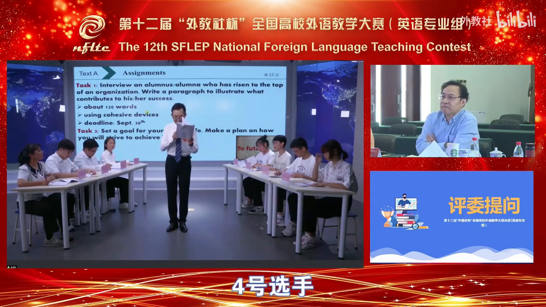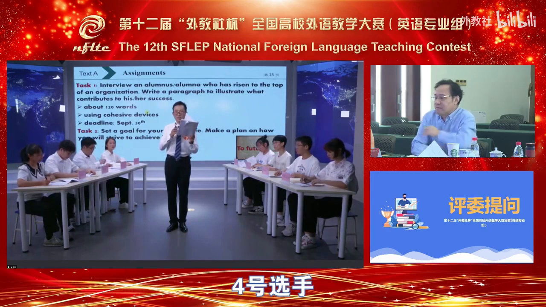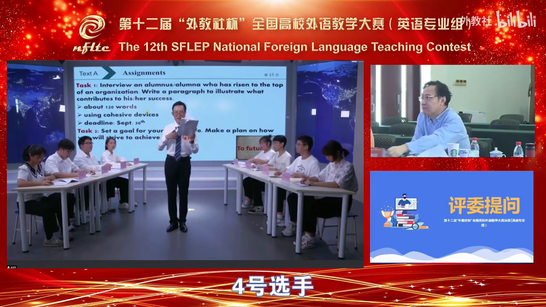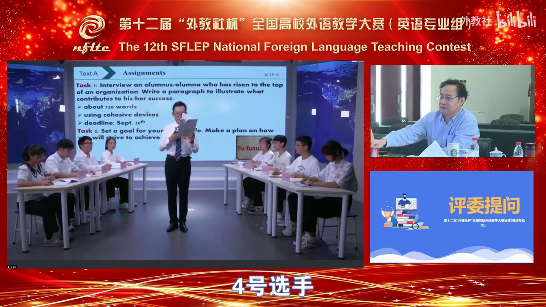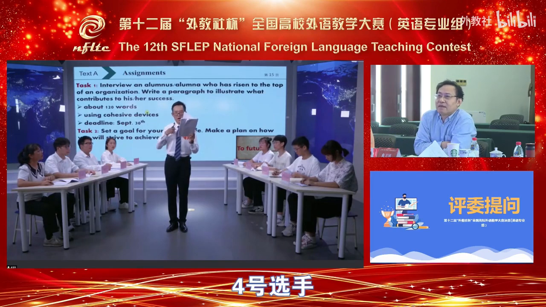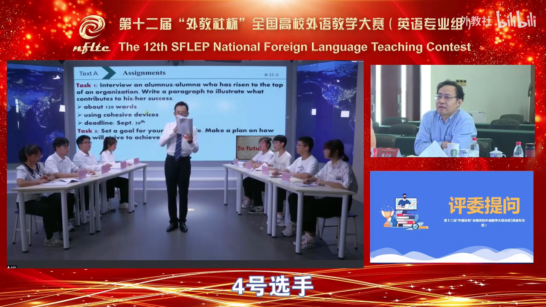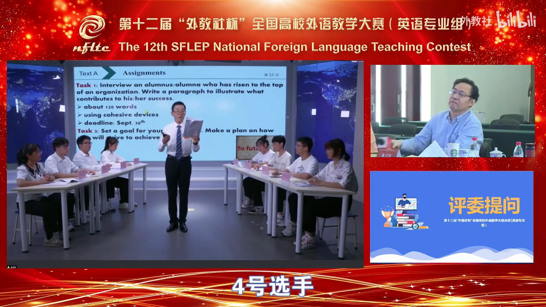Well, thank you, Professor. Actually, that point is what motivated me to design the teaching. When I first read it, I also found that it seems contradictory between the first and the last paragraph. So just now I asked the students to contrast these two parts. The first paragraph is from the spectator's perspective. They think the successful CEO, Mike Coney, was so ambitious that he achieved his goal.